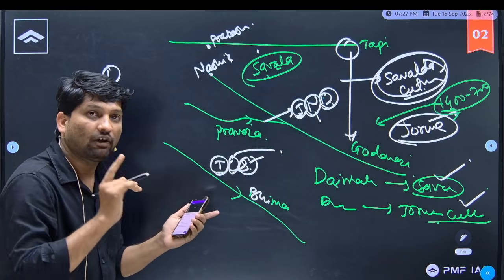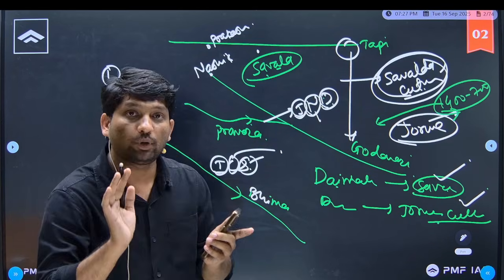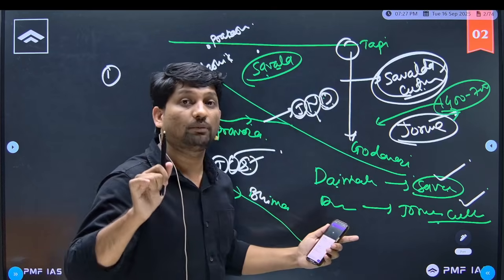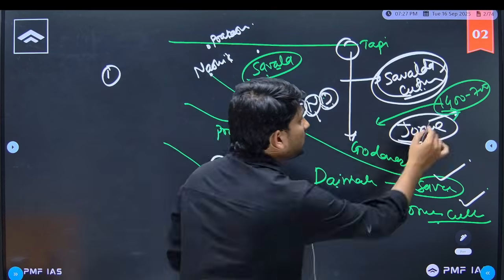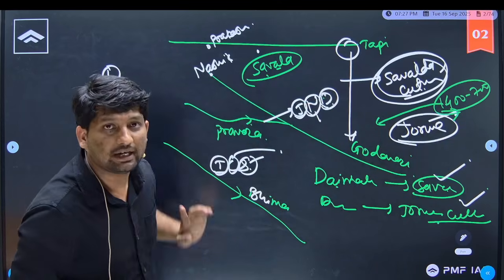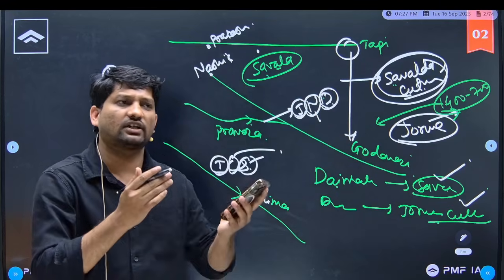In this lecture, our main focus is just to check the important sites and important cultures. So Jorwe culture is most important. All these sites are part of Jorwe culture. But before 1400, these sites show different cultures. If you take Daimabad, initially it shows Savalda culture also. What is meant by culture? Culture means way of life.